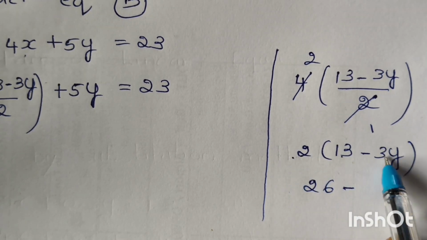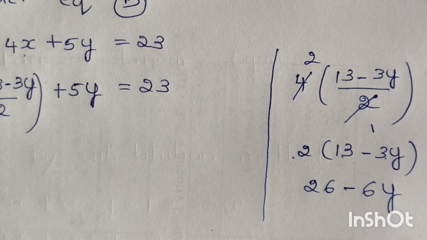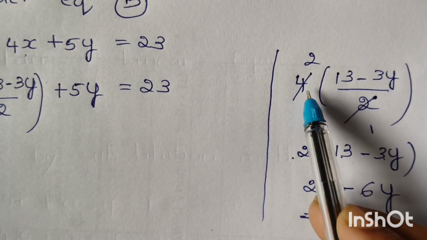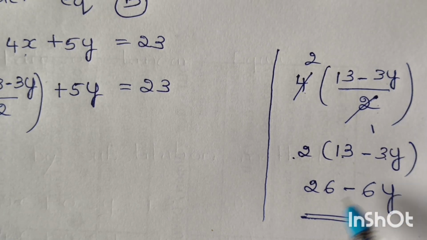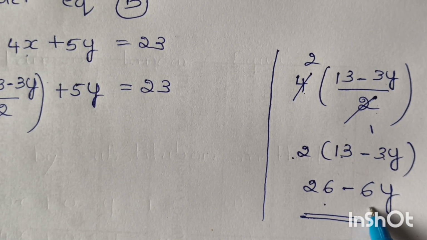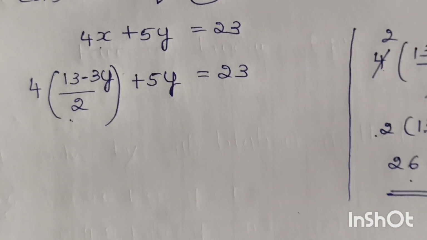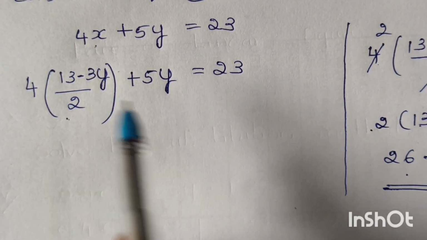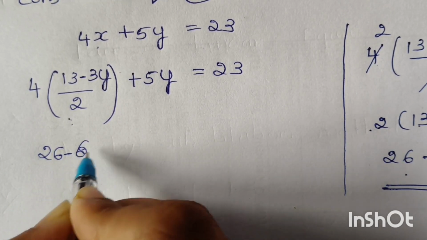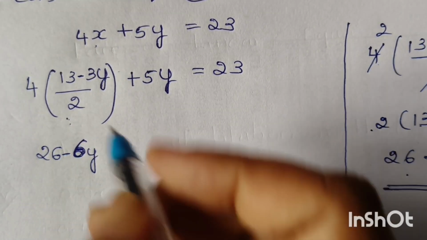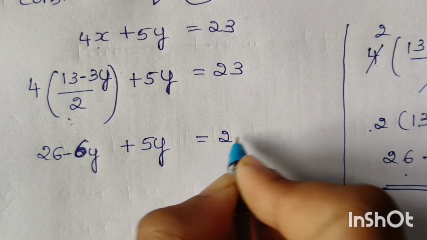Then 2 into 3 is what? 6y. So 4 into 13 minus 3y divided by 2 is 26 minus 6y. Let me write here. Plus 5y is equal to 23.